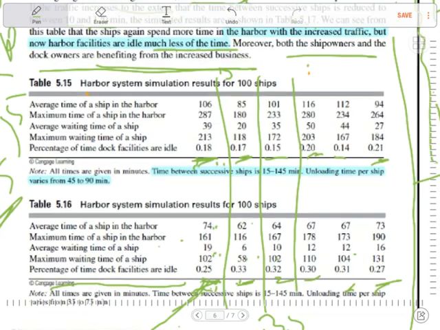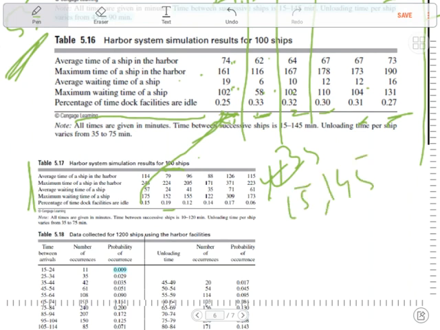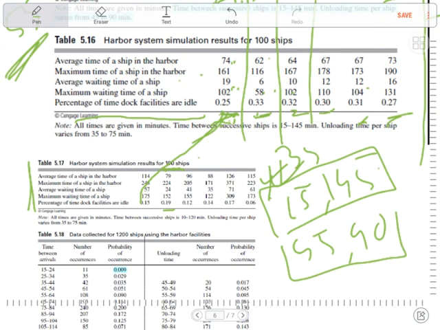Now another thing: in the algorithm I have already said that we are generating random numbers uniformly within any specified interval. Suppose it was 15 to 145 for one and 45 to 90 for another. Between I was generated here, and between 45 to 90 the unload time was generated.